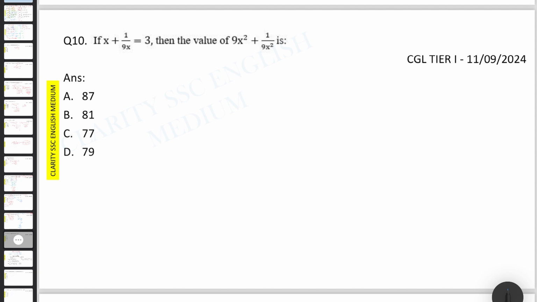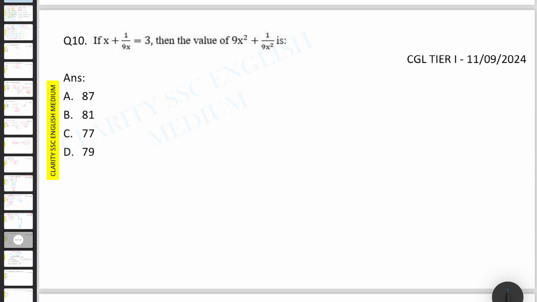Lots of questions have been asked. If you don't practice much on this type of question, it will be a very big suicide for you. So I request you all to prepare this type of question first. Most important question. Let's try to evaluate this.